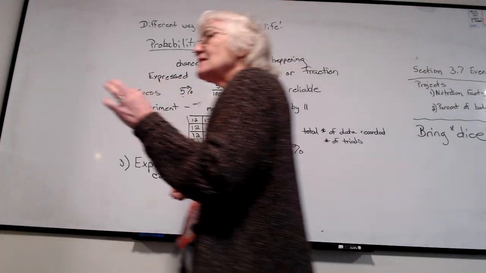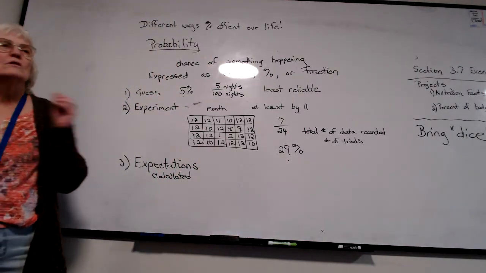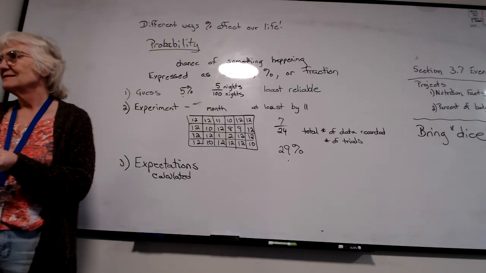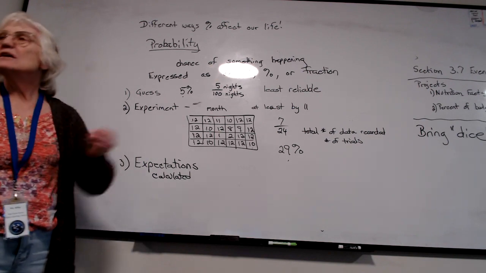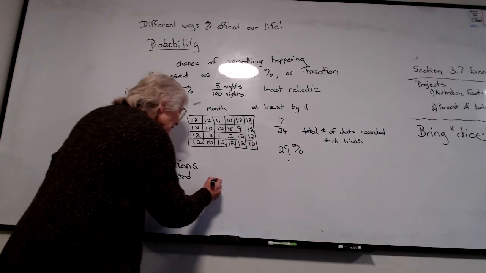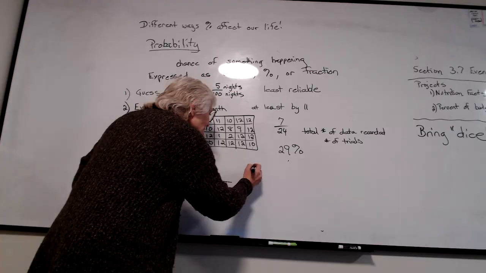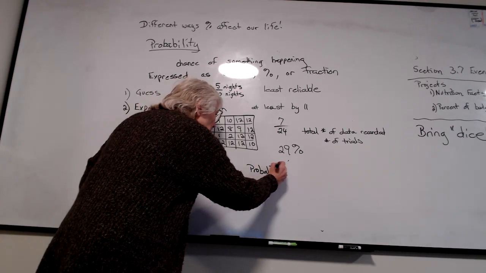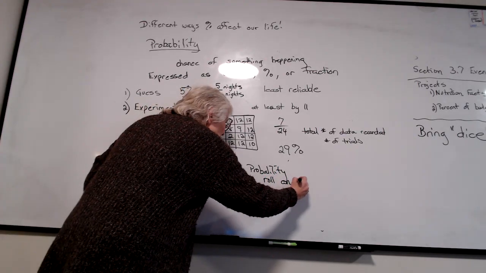Here, the expectation would be if I were to roll an even number on a dice, and I were to roll that 100 times. So I rolled the dice 100 times, okay? And what we're checking is the probability that I would roll an even number.